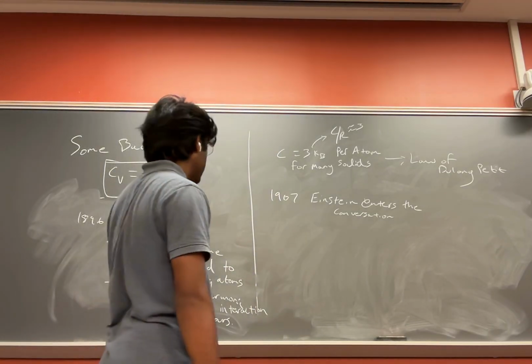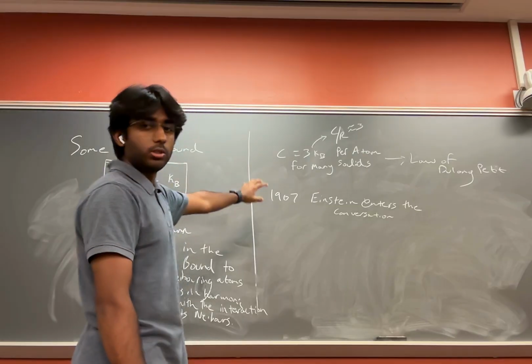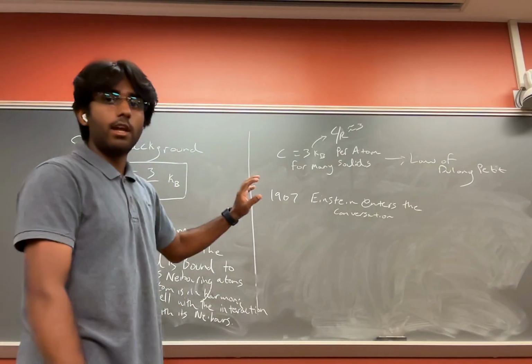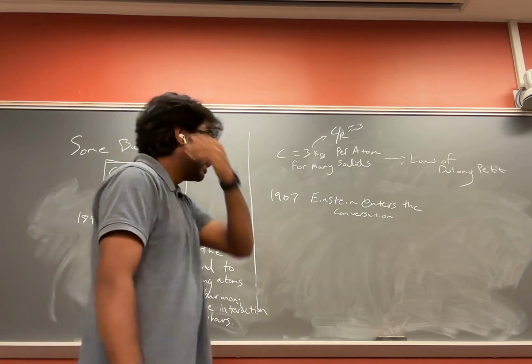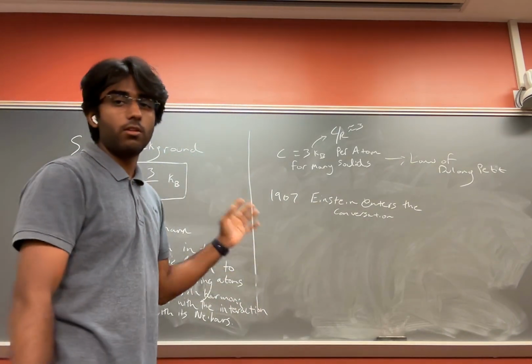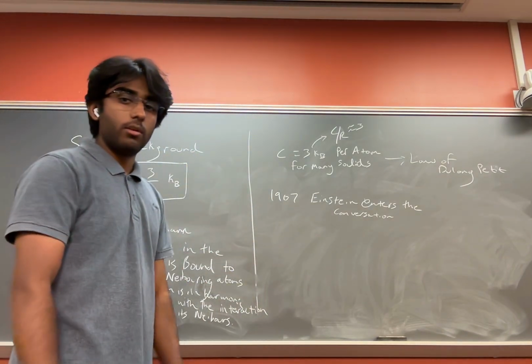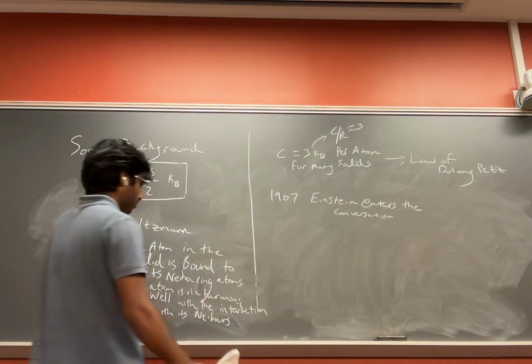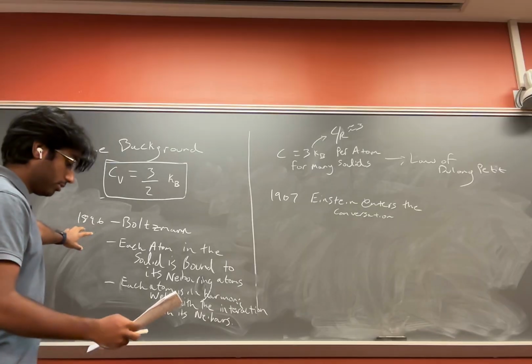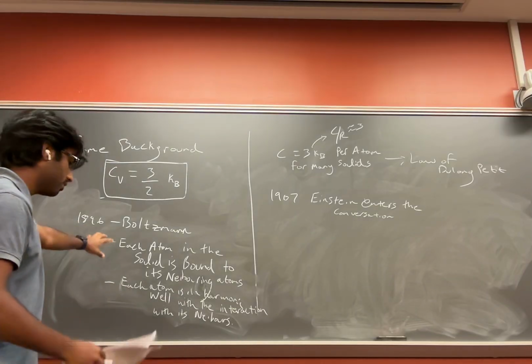So he decided to create his own assumptions for a solid and use some statistical mechanics to see if his model can accurately predict the observed heat capacities at low temperature. His assumptions were pretty much identical to those of Boltzmann's.